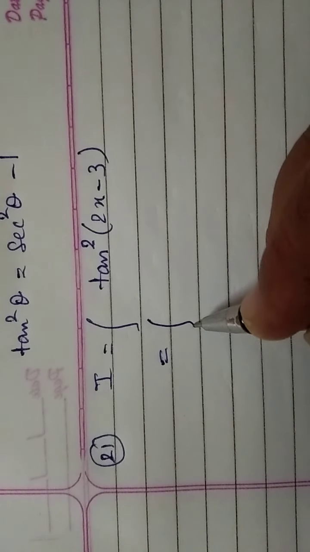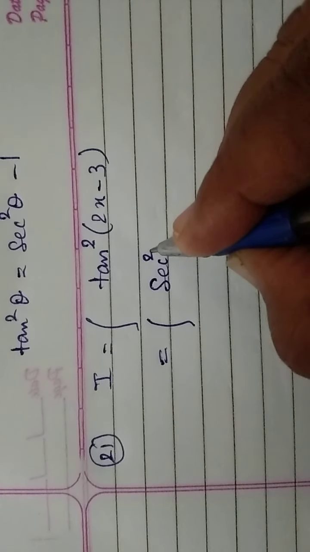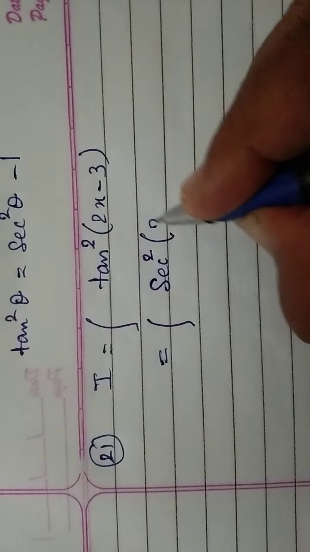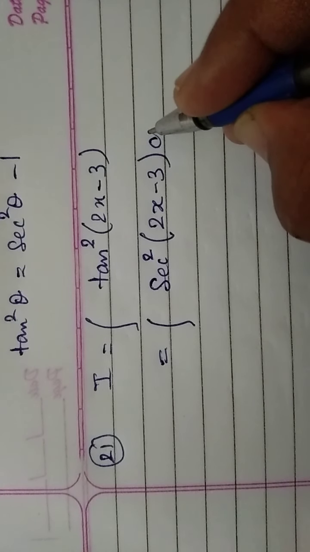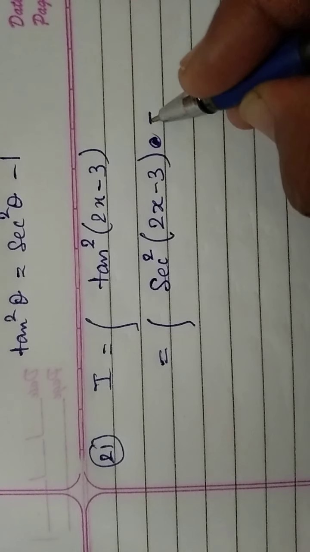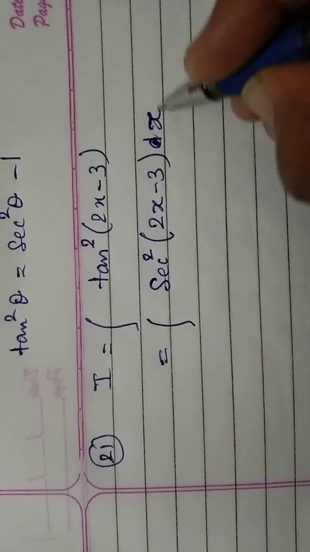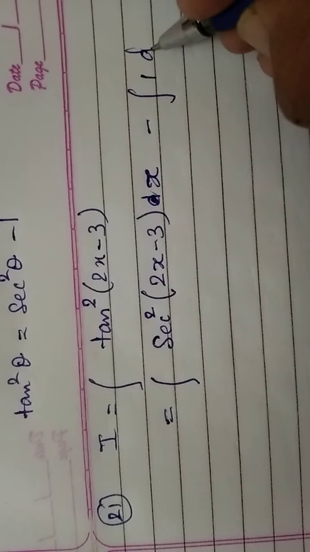I'll write integral. Now instead of this tan squared I'll write sec squared. Whatever my theta is, I'll copy the theta, that is sec squared of 2x minus 3 minus 1. So now I can separate my integral also, integral of sec squared 2x minus 3 dx minus integral of 1 into dx.